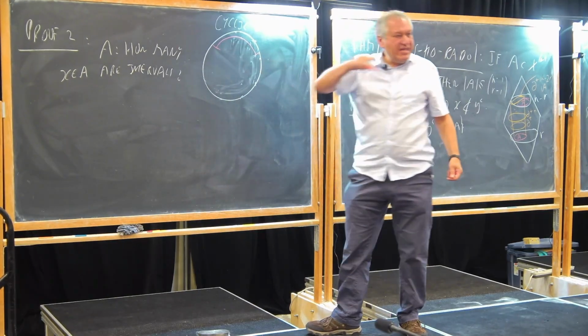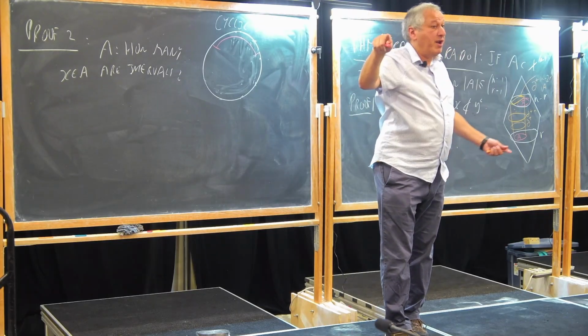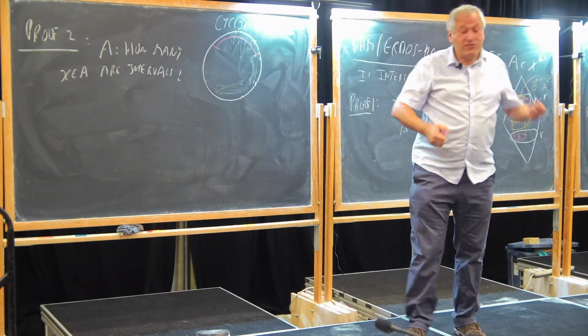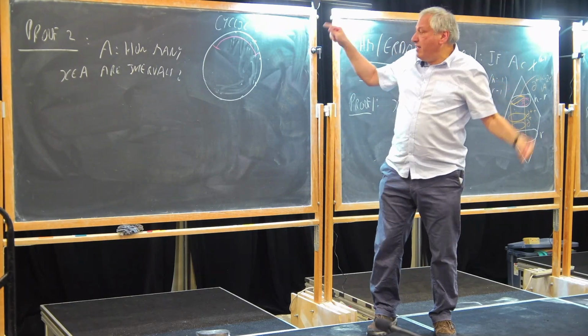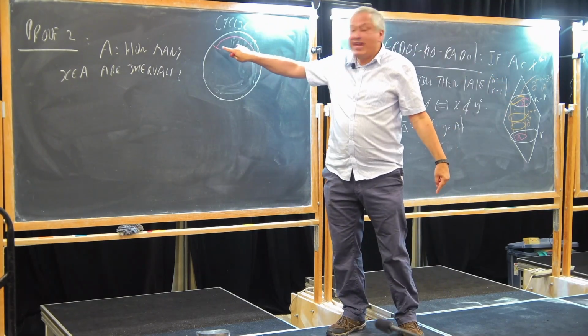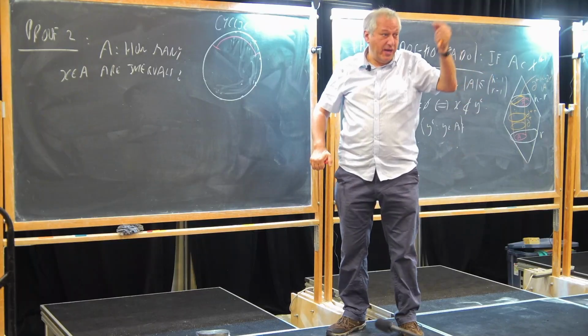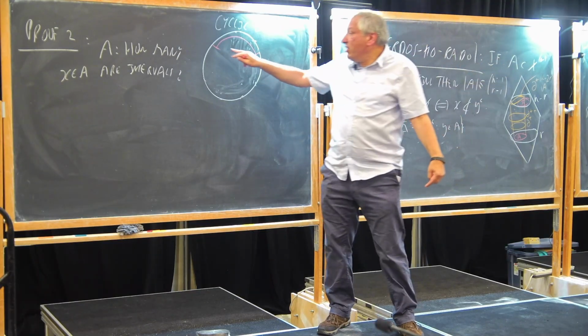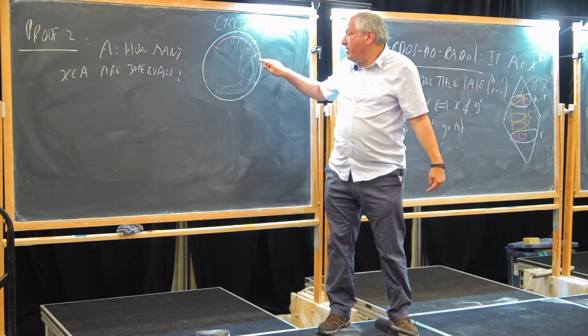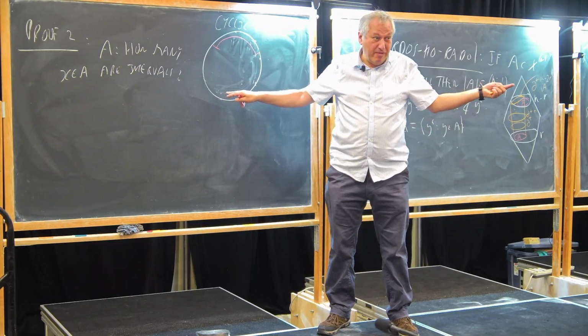So I fix one cyclic order, just fix one at the moment. And then it contains n intervals, right? You start anywhere. They can't all be in the family, because this interval and this one are disjoint. They can't both be in the family.